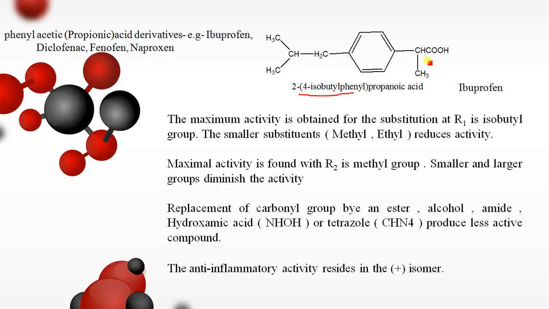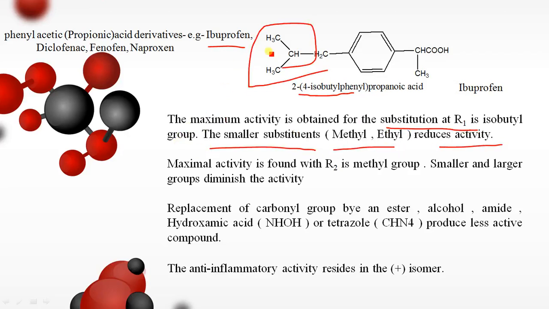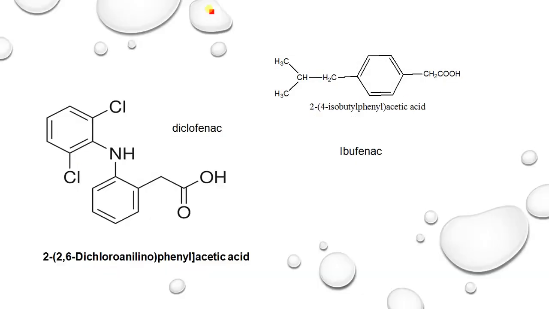It is phenyl acetic acid or propionic acid derivative, for example ibuprofen. The maximum activity is obtained for the substitution at R1, that is this isobutyl group. Smaller substituents like methyl or ethyl reduce the activity. When we replace this one, it reduces the activity.